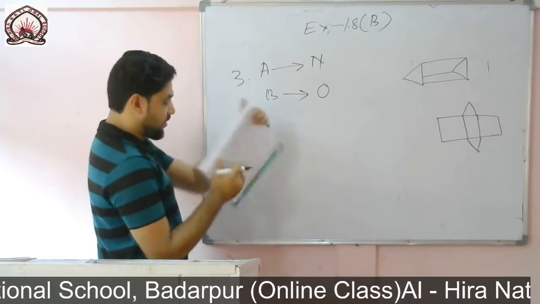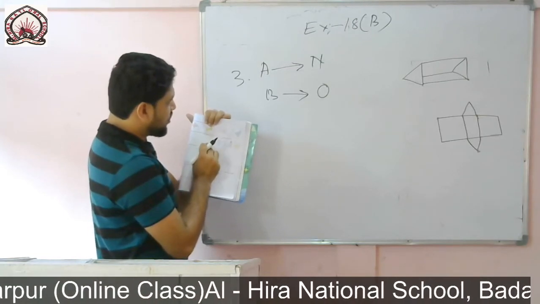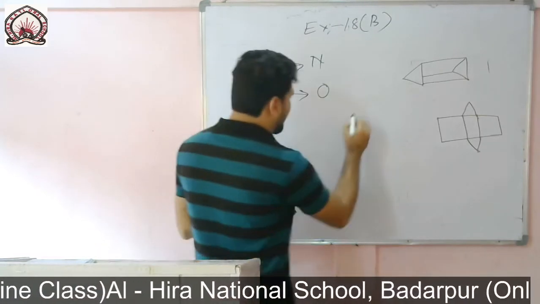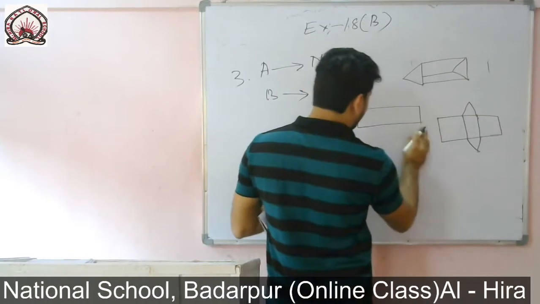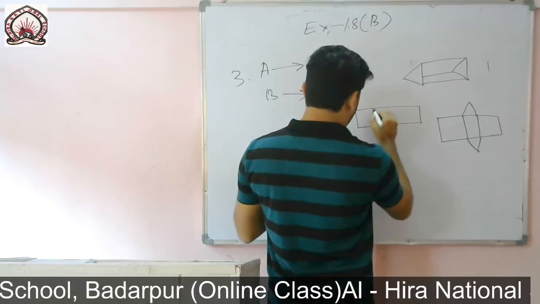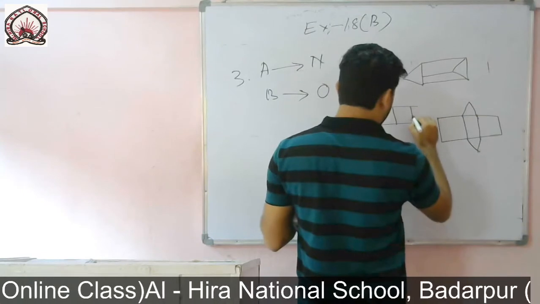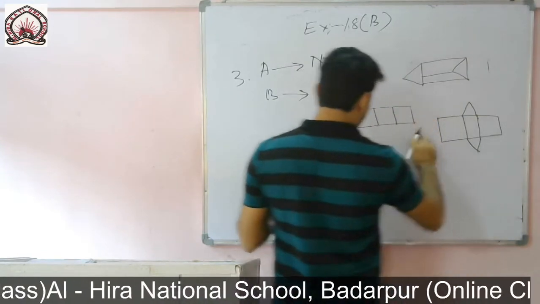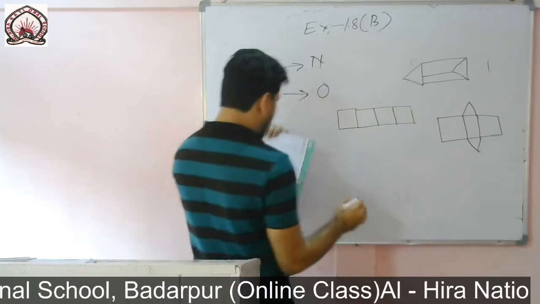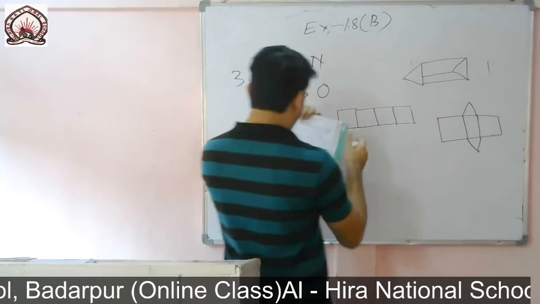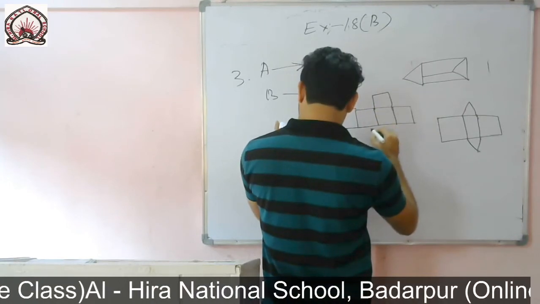D obviously what? We have learned already in question number 1. D, you see 1 2 3 4 and 1 bottom and top is there. Okay, you see like this. One, 2, 3, 4, and 1 top and bottom is there.